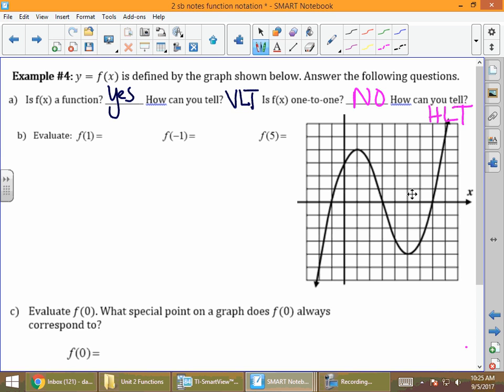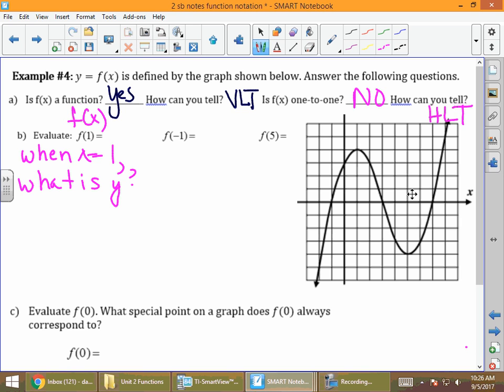This says f of 1 for our first problem. Remember, f of x. That means when x equals 1, what is f of 1? That's how to read it.